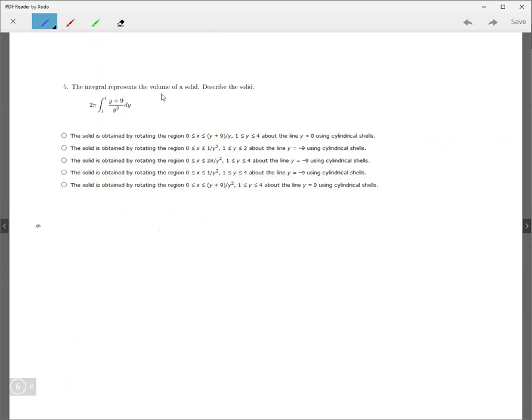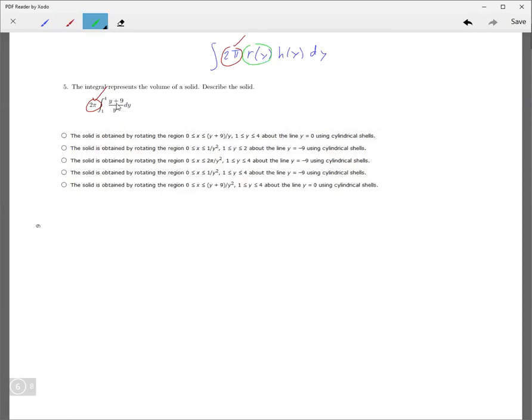Okay, so the integral represents the volume of a solid. Describe the solid. Okay, so what you want to do is look at this model here, 2 pi r of y, h of y, since this is in y. So compare these together, and it looks like the easiest thing is to make the radius, so this is the same as that, okay? So that kind of just checks off. It's because it's cylindrical.